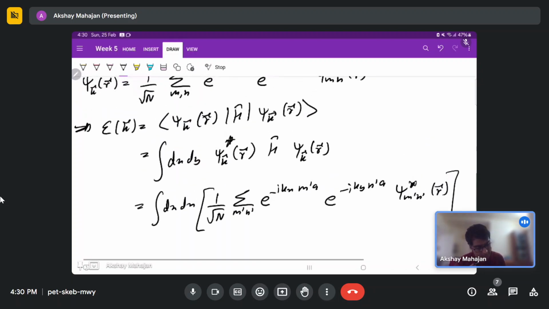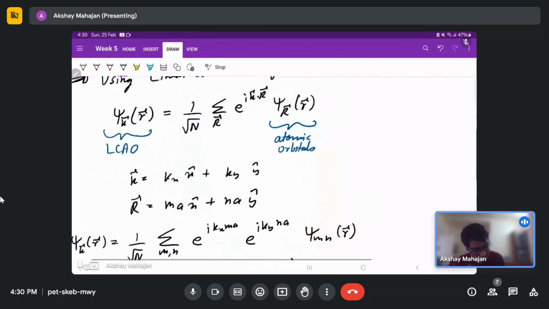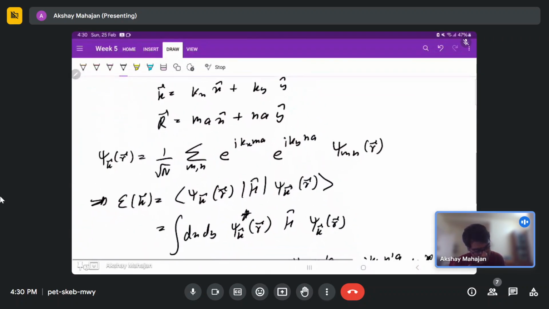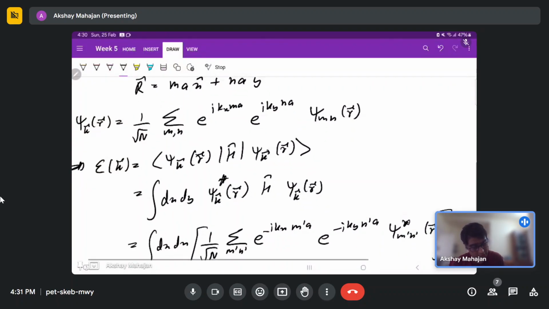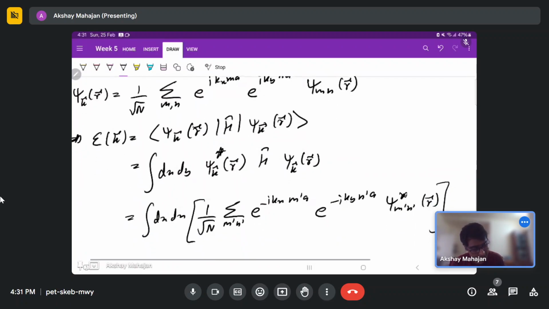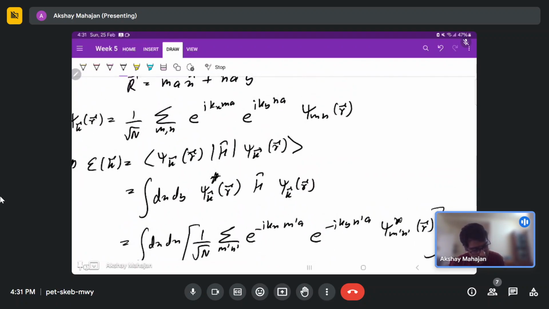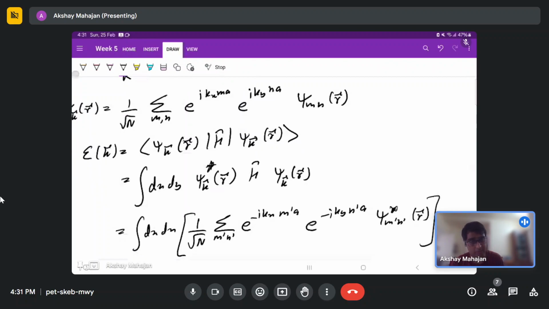I have not done anything. This was our psi of k vector r vector, and I have just taken the complex conjugate of it. The complex conjugate becomes e to the power minus iota kx m a, and I am taking summation over m prime n prime instead of mn here. And I have psi m prime n prime star.